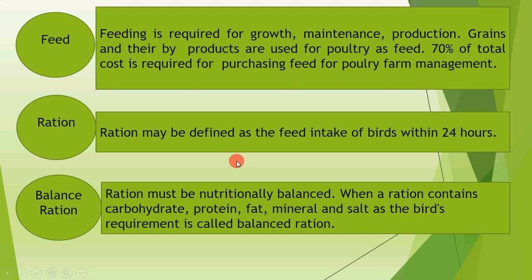First of all, have a look here. I write it down here: feed. What do you mean by feed? For poultry feeding, this is the first requirement of a poultry farm. About 70% of the cost is required for purchasing the feed in a poultry farm, which is more than 50% of the costing.